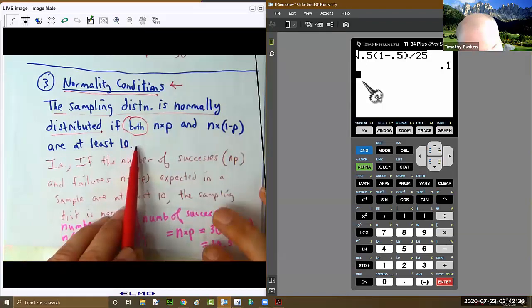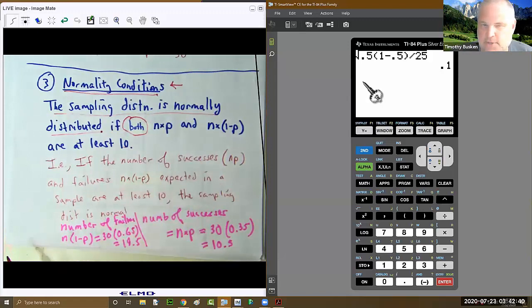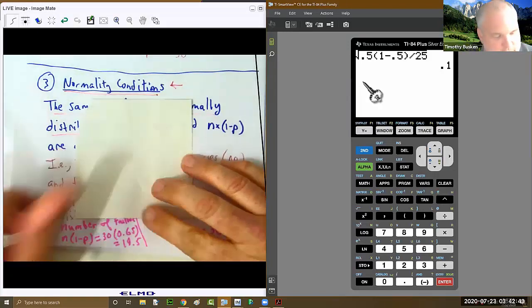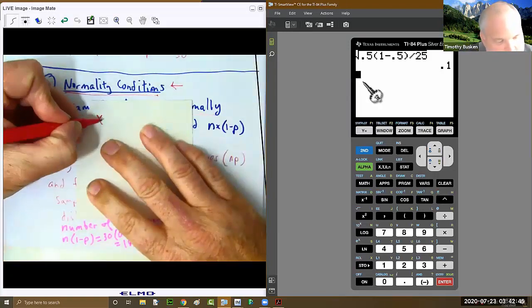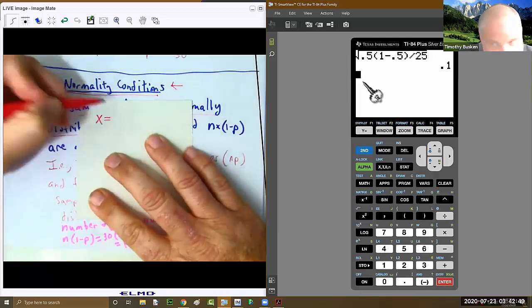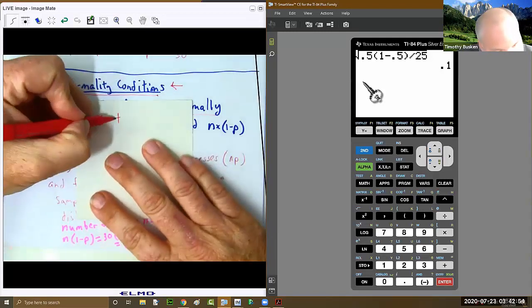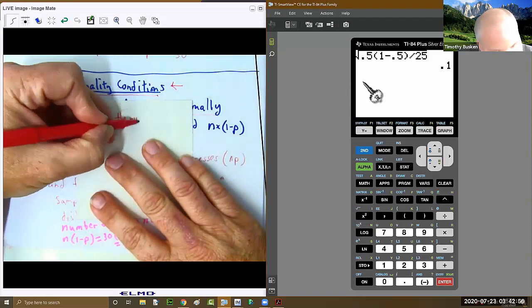And this is maybe something we didn't say in the previous section on binomial distributions, but when you go back to binomial distributions, remember that x is the binomial random variable representing the number of successes in a sample.